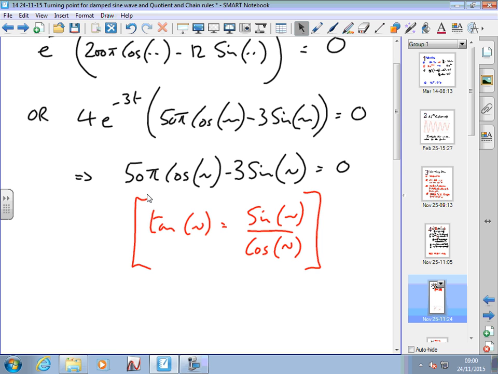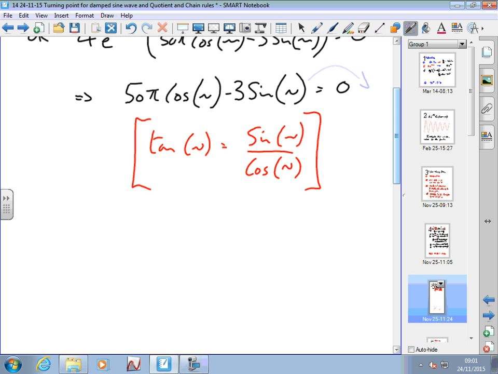So the tangent is sine over cosine. So I can actually manipulate this. So I've got sine over cosine. I'm going to take this 3 sine bracket over here and then divide both sides by the cosine to get sine over cosine.